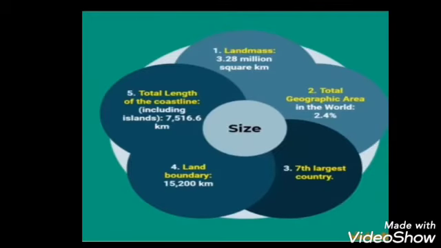India is also considered as the 7th largest country in the world. Its land boundary is 15,200 kilometers and the coastline is exactly half of the land boundary. So the total length of the coastline including the islands is 7,516.6 kilometers.